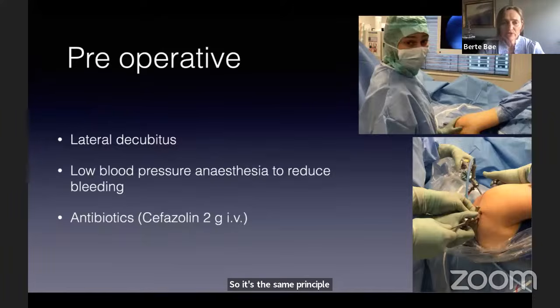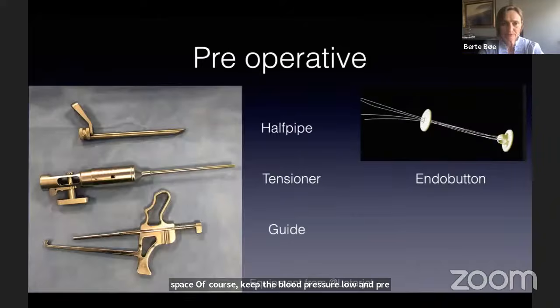Preoperatively, I do this in lateral decubitus. You can for sure do it in beach chair also, but many of us are more used to lateral decubitus, and it's then easy to get traction on the joint, so you have a little bit more space. Of course, keep the blood pressure low and give preoperative antibiotics. For these cases, you need the guide, of course.